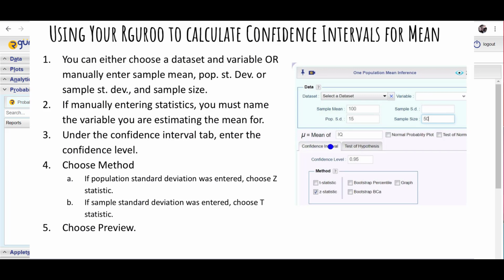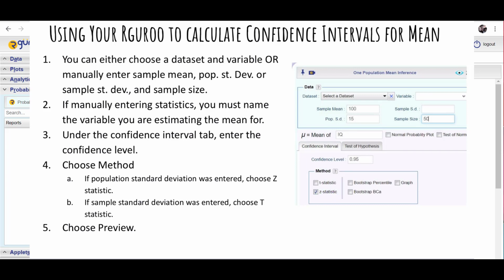For now, we're leaving it on the confidence interval tab, but you'll put in your confidence level as a decimal, not as a percent. So if it's a 95% confidence level, you put in 0.95. And then because we know the population standard deviation, and because the sample size is either big enough or it's a normal distribution, you're going to choose Z statistic for your method. And then you're going to hit preview.